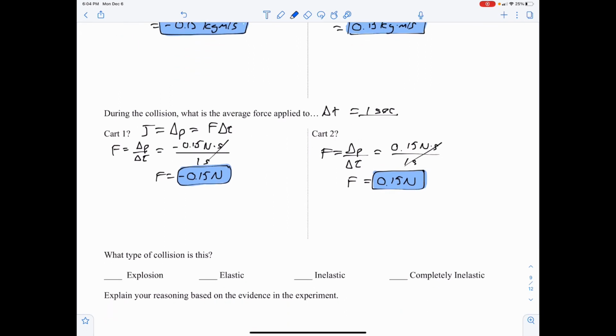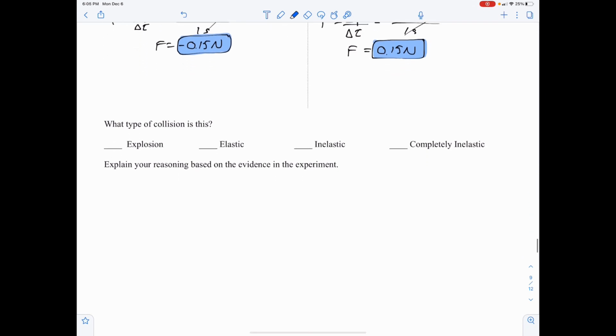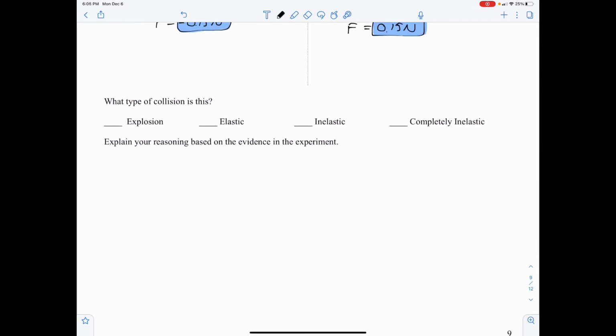Okay, well, what type of collision is this? Well, let's find out the kinetic energy beforehand, afterwards, and we'll be able to tell. So before we're moving, we only have mass 1, which is 0.3, times its velocity of 0.4 meters per second. Multiply 0.4 squared times 0.3, take half, and we get 0.024 joules.